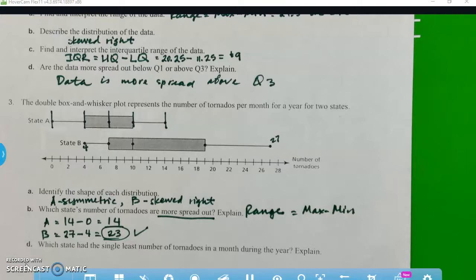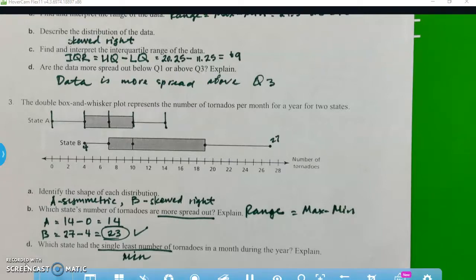And the last statement, which state has the single least number of tornadoes in a month during the year? So your least number, hopefully you understand, is your minimum. State B has a minimum of 4 tornadoes, but state A actually has an incident of just no tornadoes.